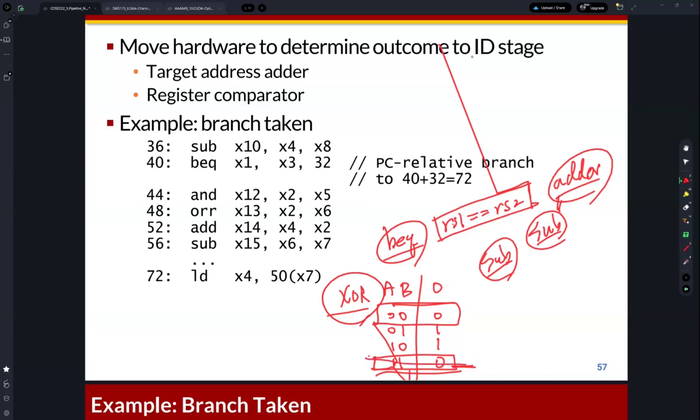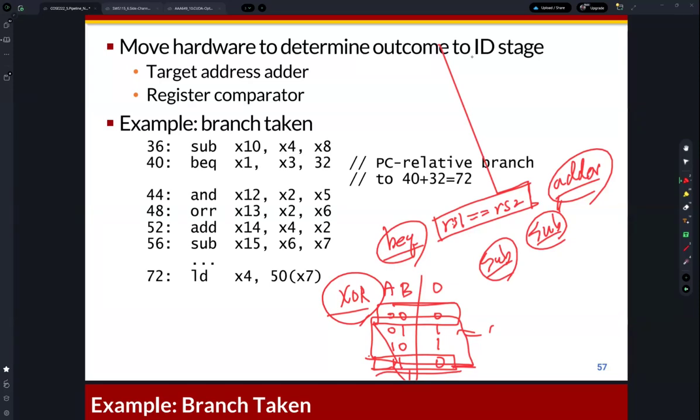And if the two inputs are different, then the output of exclusive OR is 1. So actually using the exclusive OR gate, we can compare the two input bit signals.